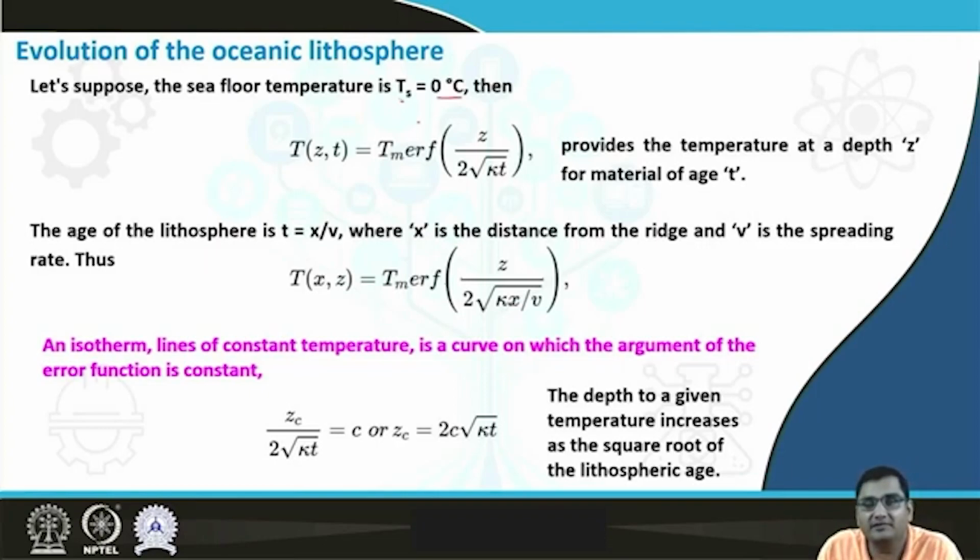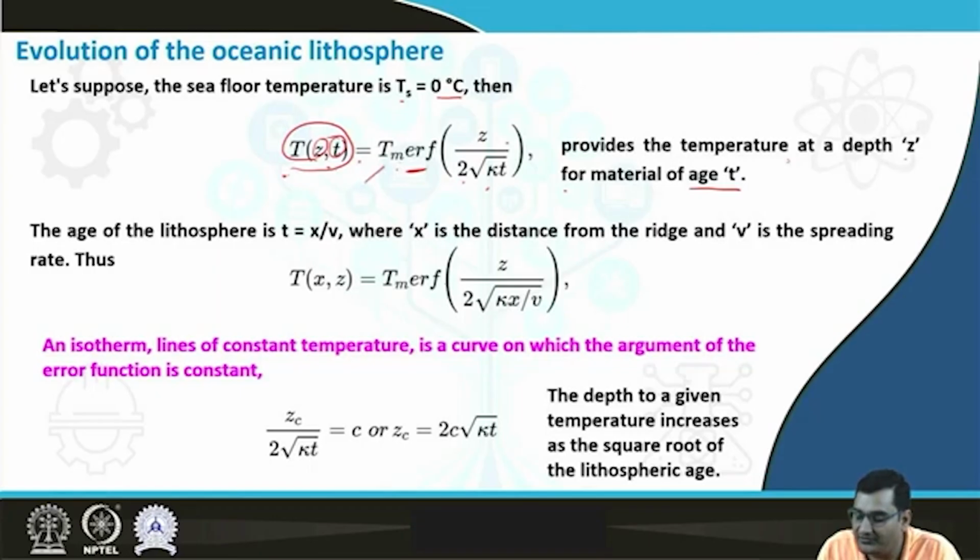Let's suppose the sea floor temperature is Ts equal to 0 degrees centigrade. So the surface temperature we are assuming is 0 degrees centigrade. Then T(z,t) is equal to Tm times the error function of z by 2 under root kappa t, which provides the temperature at depth z for material of half space.